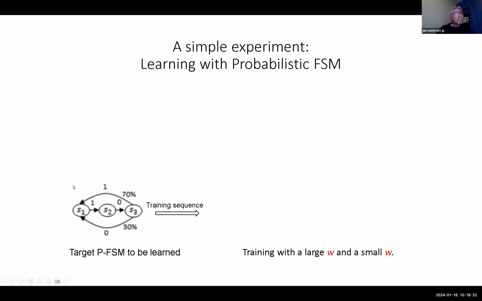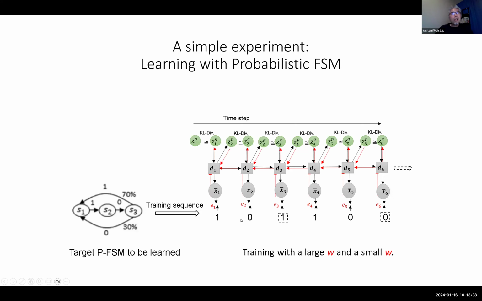We consider this kind of probabilistic finite state machine and generate training sequences, like 1, 0, then in this case 1, 1, 0, and in this case 0. So this part is whether it is 1 or 0, so it's the question. Then we make a long sequence of this and let the one-layer PV-RNN learn it.